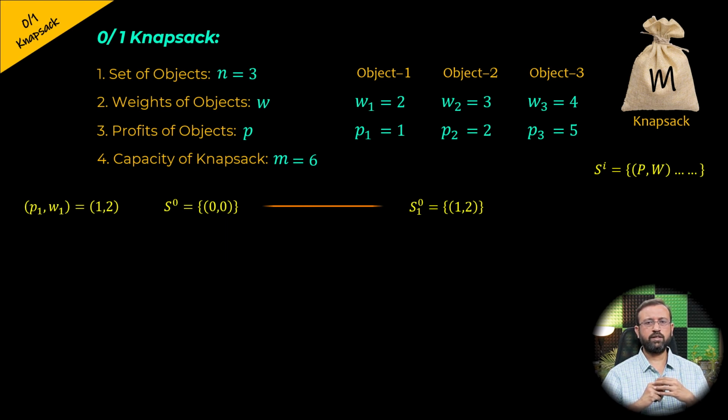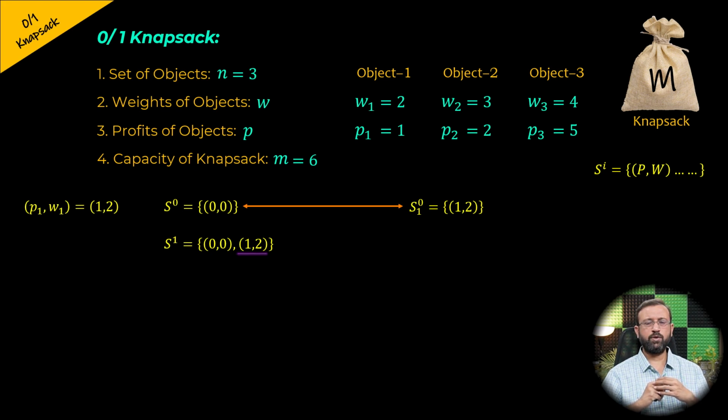Then S1 is computed by merging the set S0 and S01. So set S1 will contain 2 pairs of profit and weight, that is 0, 0 and 1, 2. Now observe that the first pair in the set S1 is 0, 0, which means first object is not included, and the second pair in S1, that is 1, 2 means first object is included in the knapsack.